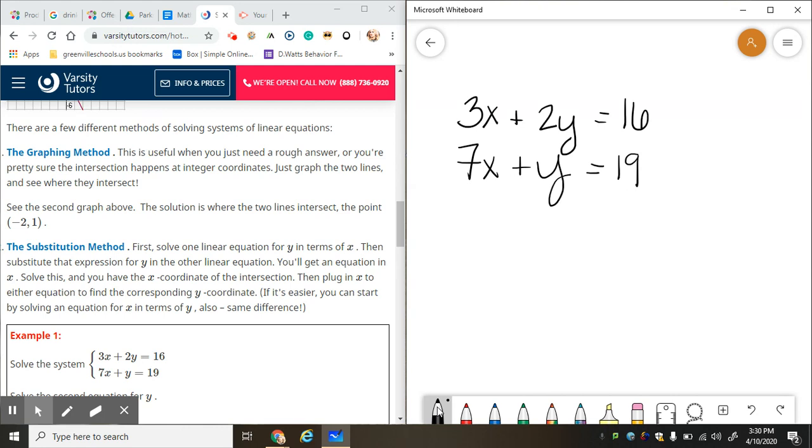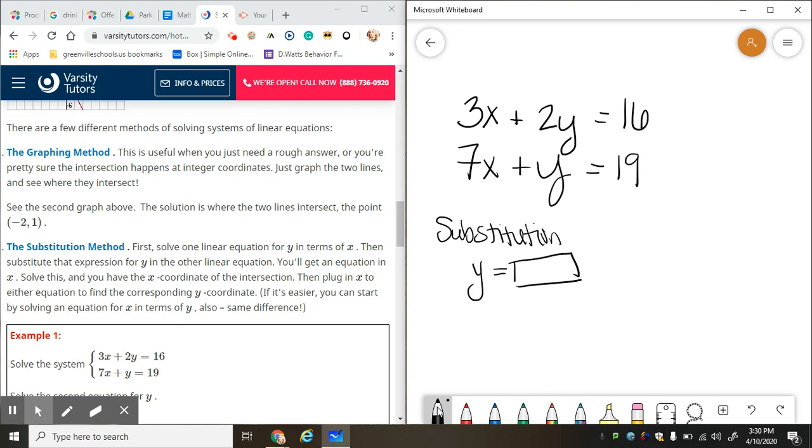You could actually just go to DESMOS and type these in and graph them. Then you have something called the substitution method, where you solve for a letter. You either solve for x or y, and you get an answer.